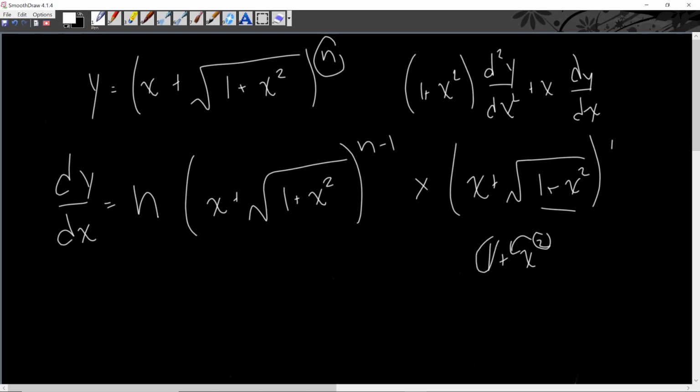Derivative of 1 is 0, so derivative of x squared is going to be 2 out front, 2 minus 1, so 2x. And then square root of x is going to be x to the power of 1 half. Bring that 1 half out front, and then 1 half minus 1 is negative 1 half. So 1 half times the square root of x, or 1 over the square root of x.